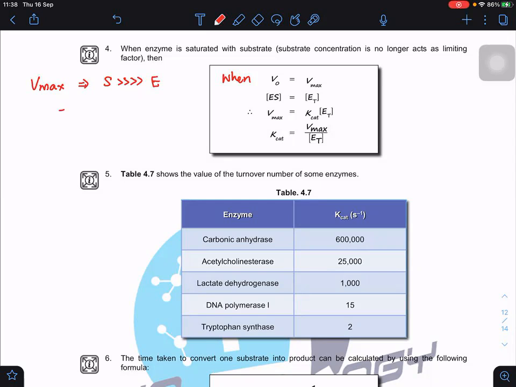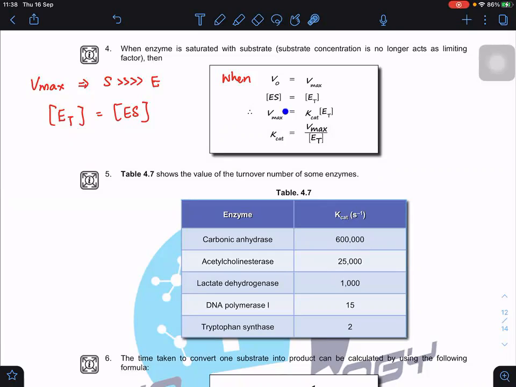So it means that whatever enzyme we add in has already become enzyme substrate complex, because all enzyme active sites are now fully occupied by the substrate. So if I give you hundreds of units of the enzyme, I should get hundreds of units of the enzyme substrate complex.